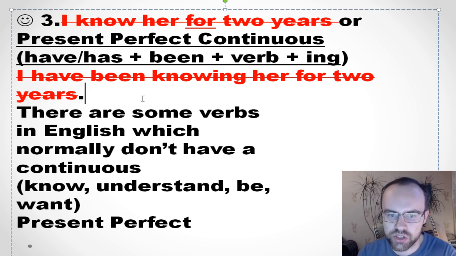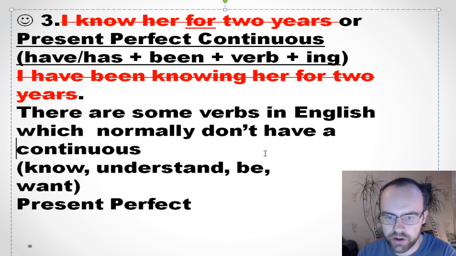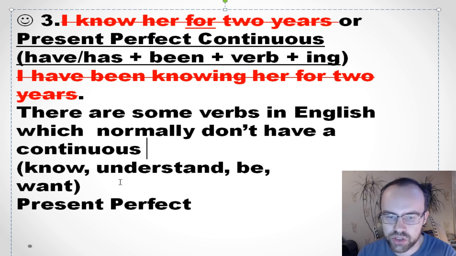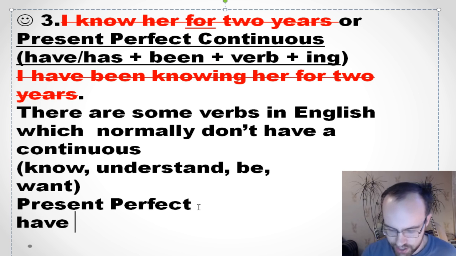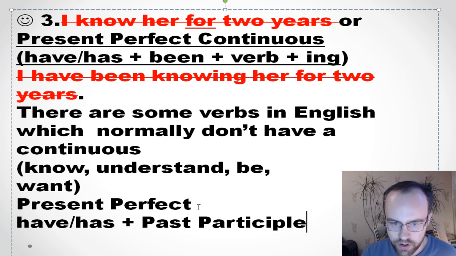So I think that you remember how we form present perfect, okay? It's very easy. Have or has plus past participle, or plus the third form.